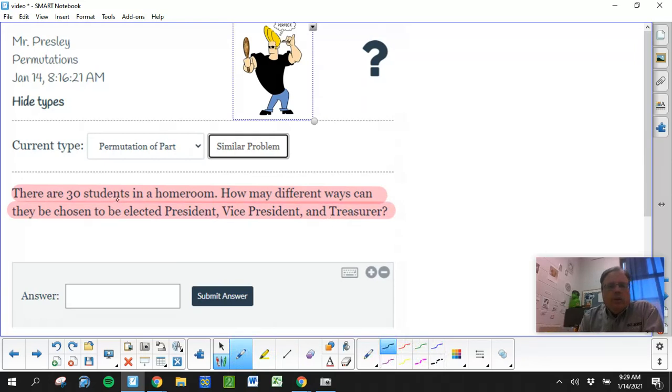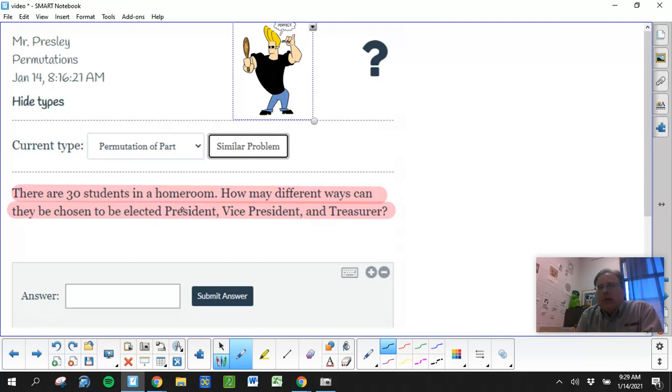So there's 30 people in a homeroom, 30 kids. Let's just say kids. So the way it used to be, at least back in my day, we would say, okay, let's get some nominations for president, and you might have like four choices, and they'd say, okay, raise your hand if you're for candidate one, raise your hand for candidate two, and they take the votes, and the president would be elected.